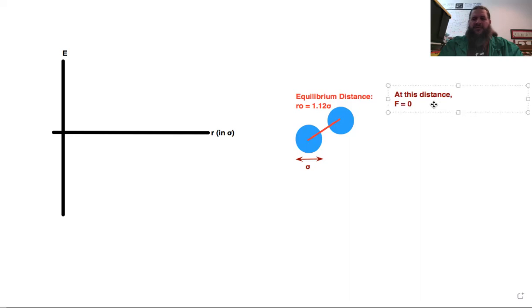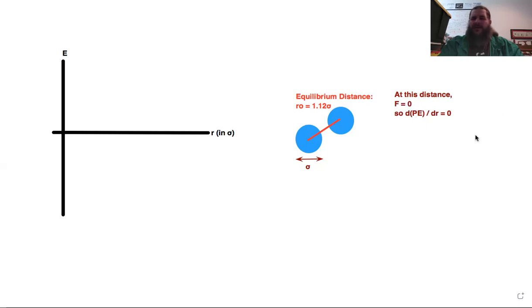Right, force is the derivative of potential energy, specifically the negative of the derivative, but if it's 0, it doesn't matter whether it's positive or negative. So at equilibrium, where force is 0, the potential energy has to have 0 derivative.